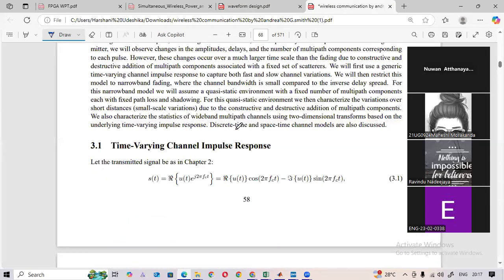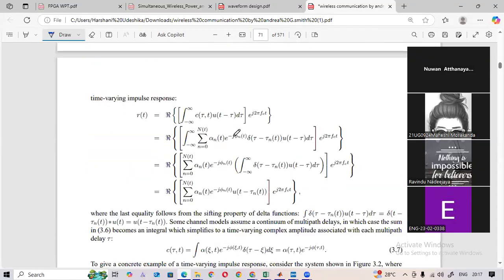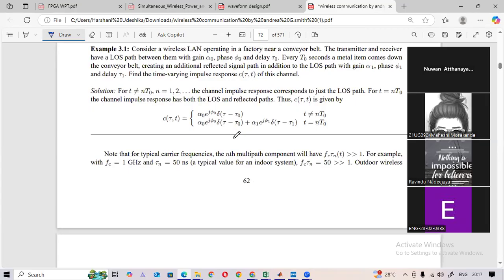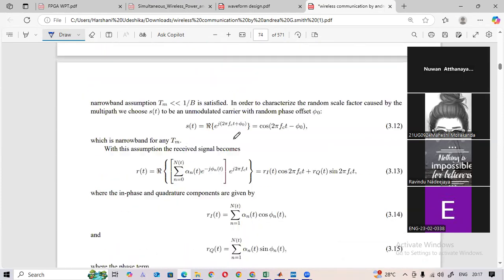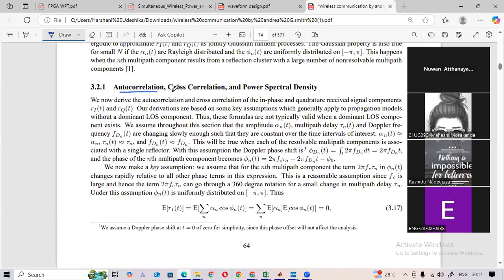So this is a statistical multipath channel. So just see these things.